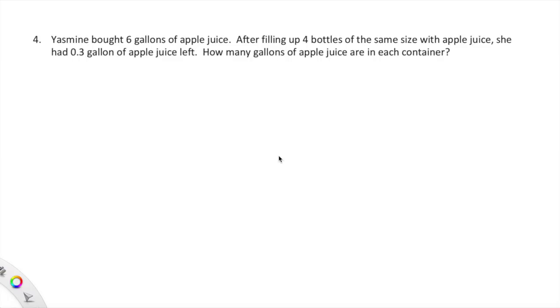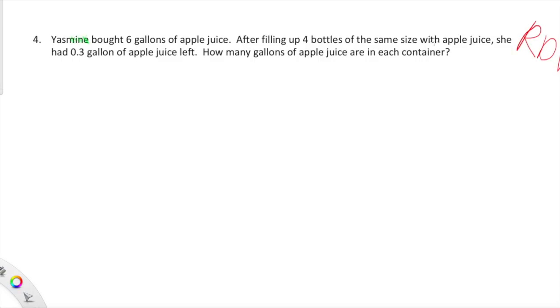Okay, let's look at this word problem. I think it is really an interesting one. Let's change my ink color. We are going to go ahead and activate our RDW strategy for word problem solving.